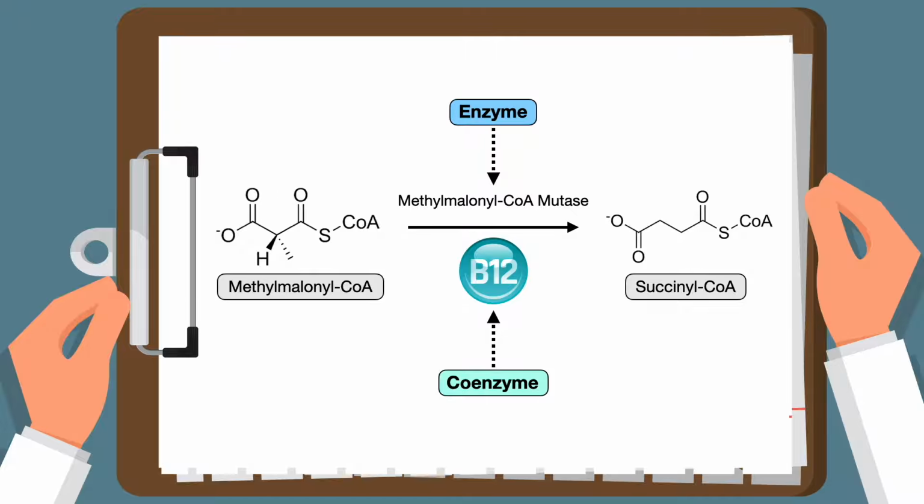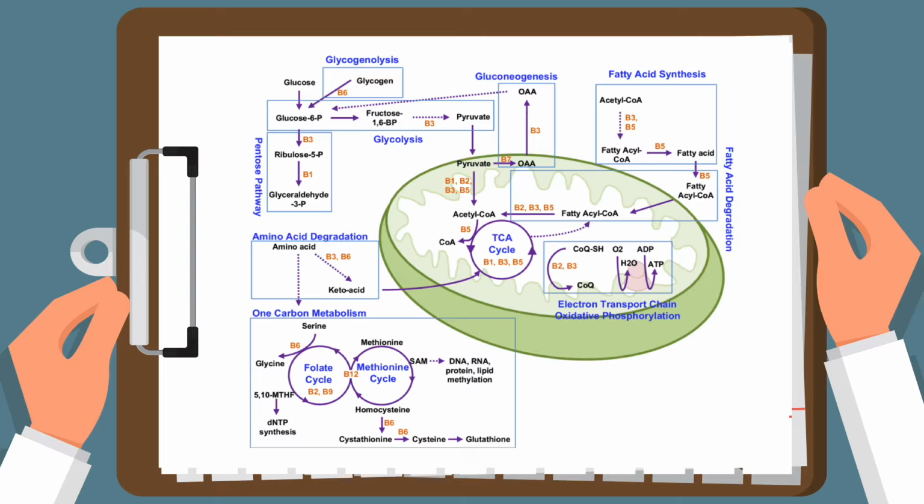Converting methylmalonyl-CoA to succinyl-CoA is a necessary step in protein and fat metabolism that's facilitated by the enzyme methylmalonyl-CoA mutase. However, for the enzyme to function, vitamin B12 is required as a coenzyme. Examples like this for different B vitamins exist in all levels of energy metabolism. The B vitamins in this image are depicted with their designated vitamin number in orange text.